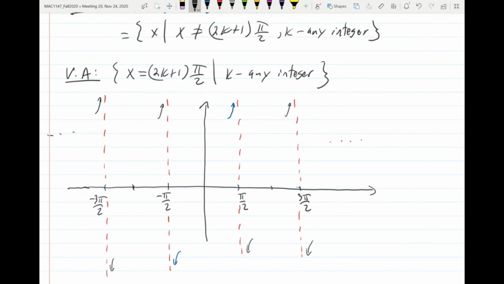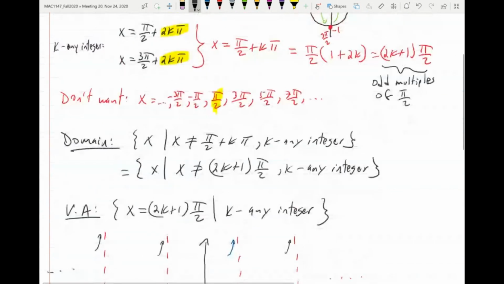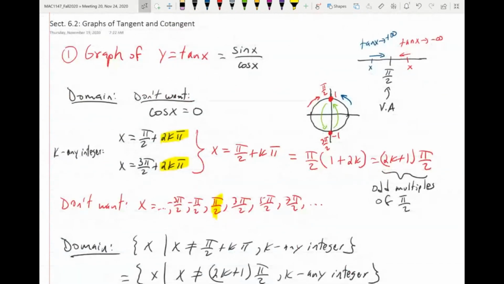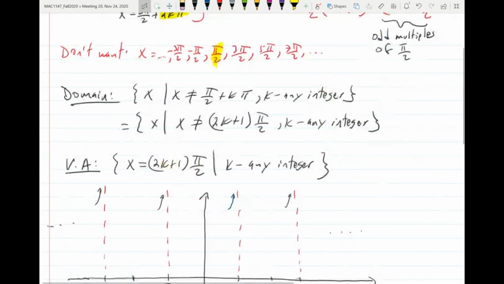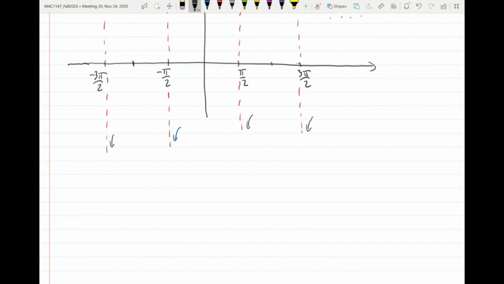Okay, so another thing that's important are the zeros of the function. And remember, the tangent function is 0 whenever sine is 0. So let's find the x-intercept. So when is tangent of x equal to 0? This happens whenever sine is 0.